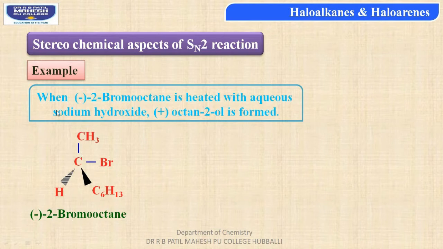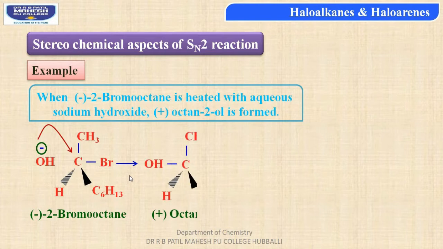So students, when OH minus, that is hydroxyl anion as a nucleophile from aqueous sodium hydroxide, attacks the stereo center, that is the carbon atom, from behind the plane, as a result Br minus would be removed from the molecule.